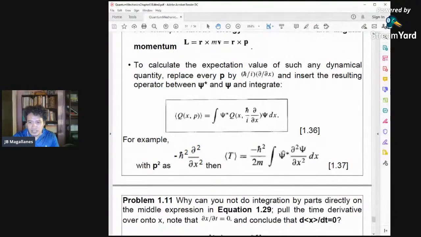This is psi star, and then you have psi here. The h bar squared would just be outside because they are constants. So this is now your expectation value of the kinetic energy.